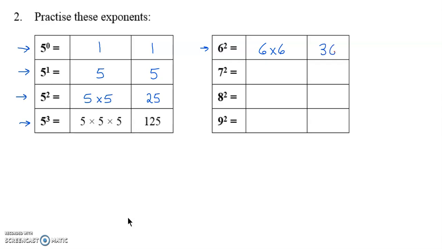The answer is 36. 7 squared is 7 times 7, and that's 49. 8 to the second power, or 8 squared, is 8 times 8, which is 64. And 9 squared is 9 times 9, which is 81.